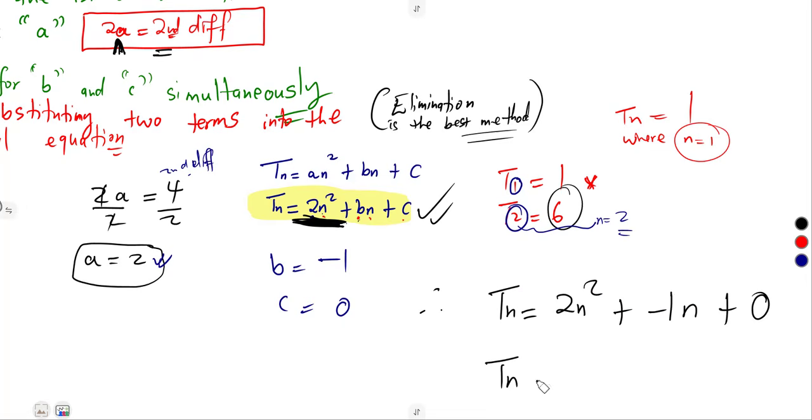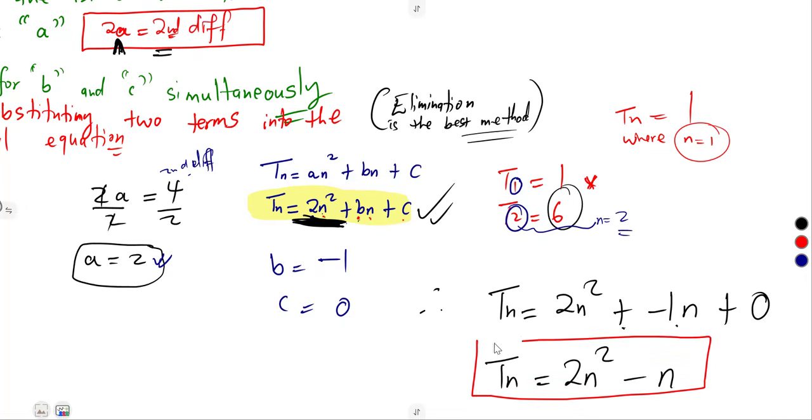So that's 2n squared minus n plus 0. This is what we have, a quadratic. Same presentation, a quadratic that we are used to, just like a quadratic equation.